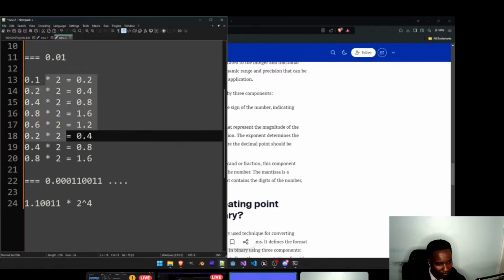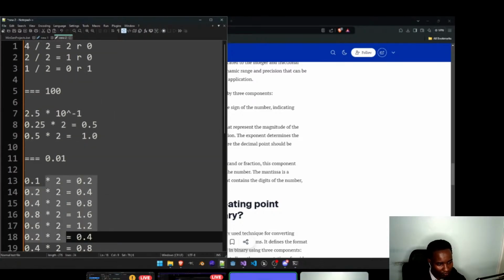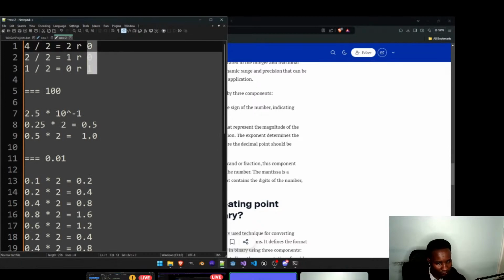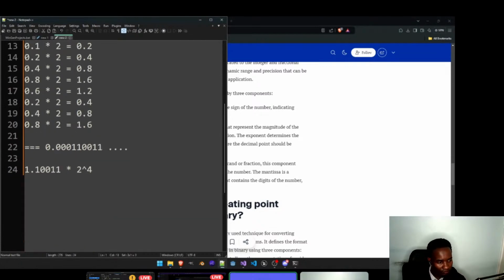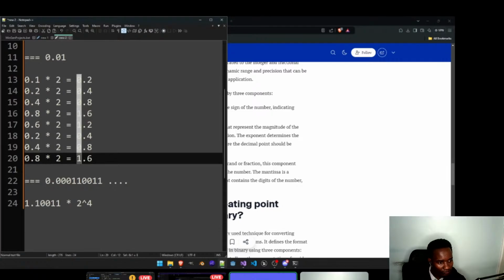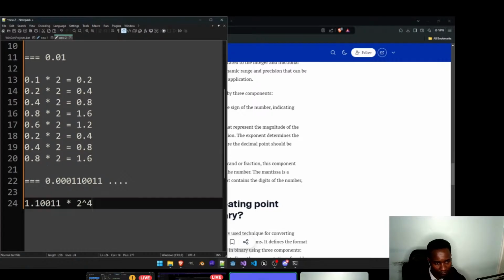And when you're picking the values, for a whole number we're picking from bottom to top, and for floating point numbers, you're picking from top to bottom. So now this will be the way it will be represented as an exponent.